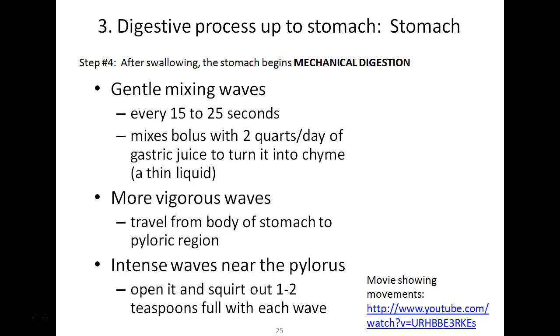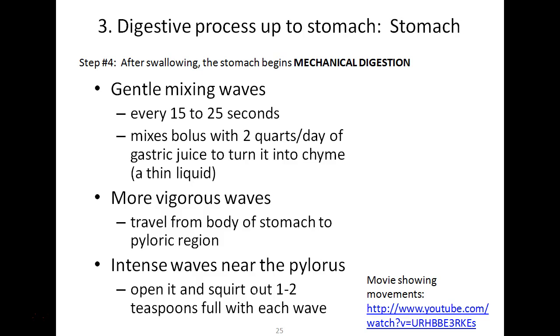And once we arrive at the stomach, we begin mechanical digestion. We have gentle mixing waves about every 15 to 20 seconds. Quite often we hear or even feel this gentle mixing when we have our stomach quote unquote rumble or tumble, so to speak, or growl, as some people say.